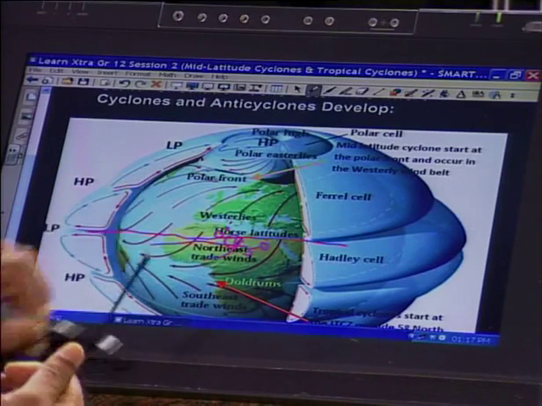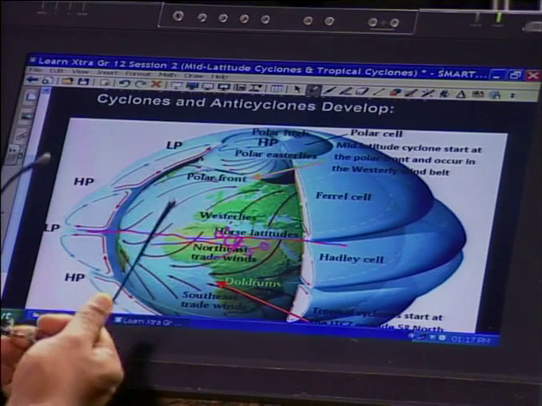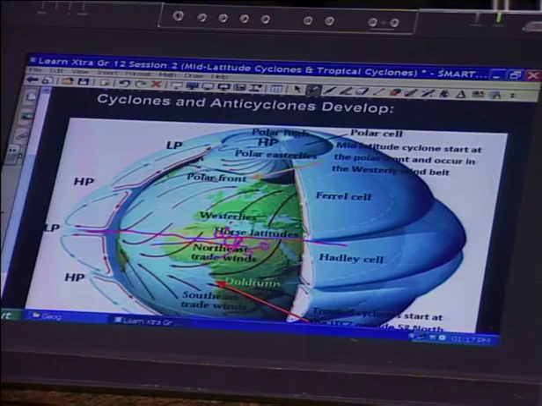Down here, the deflection is very, very small. Here we get a more pronounced deflection, and therefore tropical cyclones form. A point to note is that tropical cyclones form in the easterly wind belt.